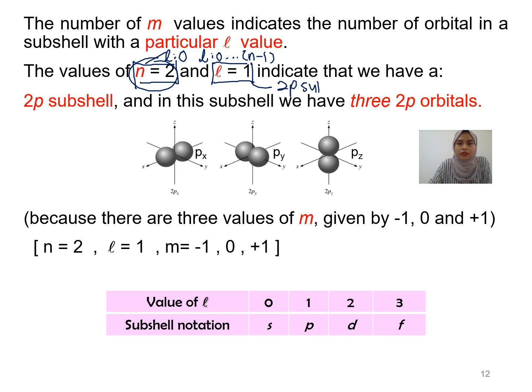2p subshells. Okay. How do you get the 2 in front? You get it from the energy level. Okay. How do you get the P subshell? Because you got it from L equals to 1. Okay. How many orbitals are in the 2p subshell? To know that, you have to calculate its M value.